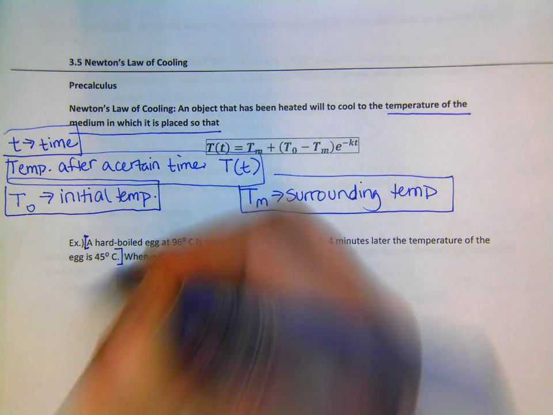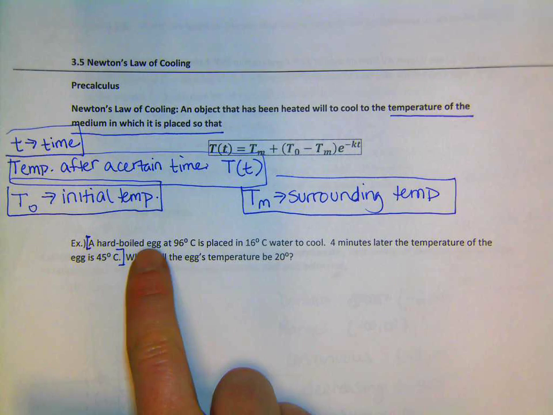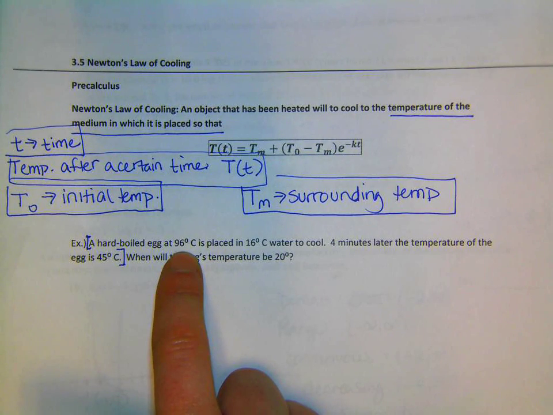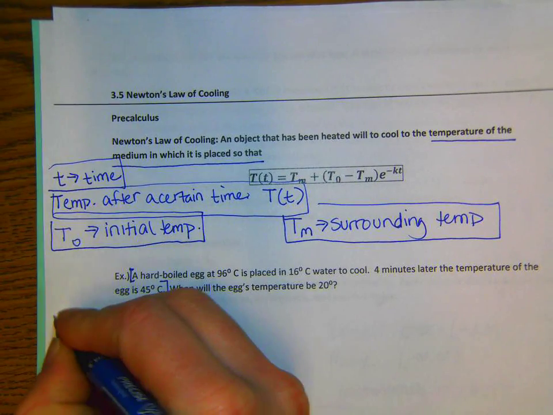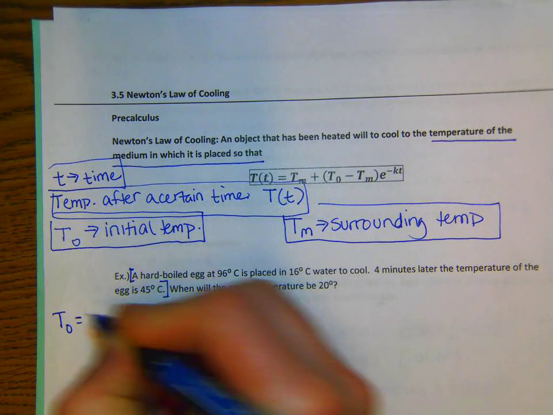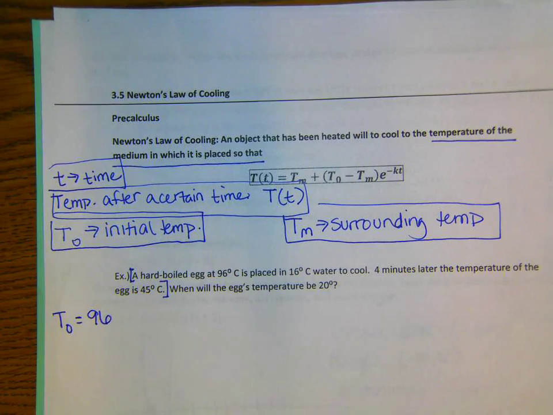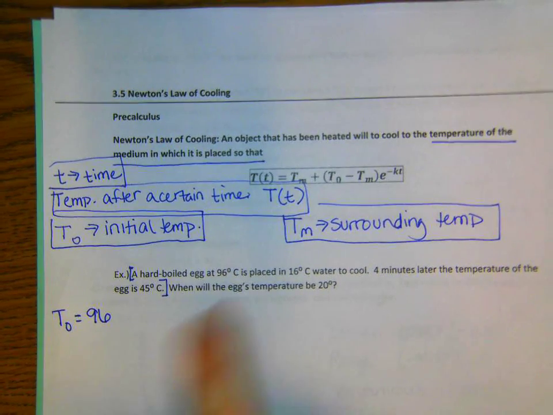And what do you guys think? What is this 96? Which of these things? The initial temperature, because it's the egg. Okay, so I'm going to write this down. T sub 0, I'm going to put in 96. Okay. What do you think is the 16 degrees?